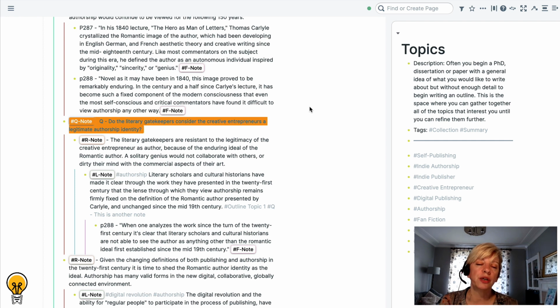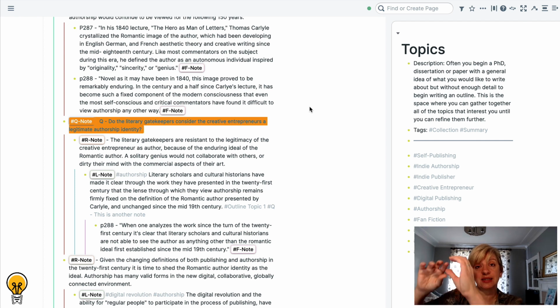It is used within your academic writing as an exploratory staging space for deeper thinking and connecting between all note types. So, in my mind, question notes are the beginnings of what will become either the section headers, the chapter headers, or even sometimes the topic sentence of the paragraph within your outline.